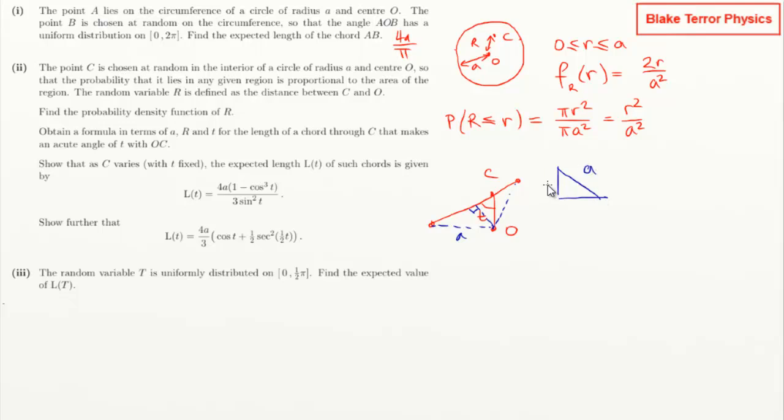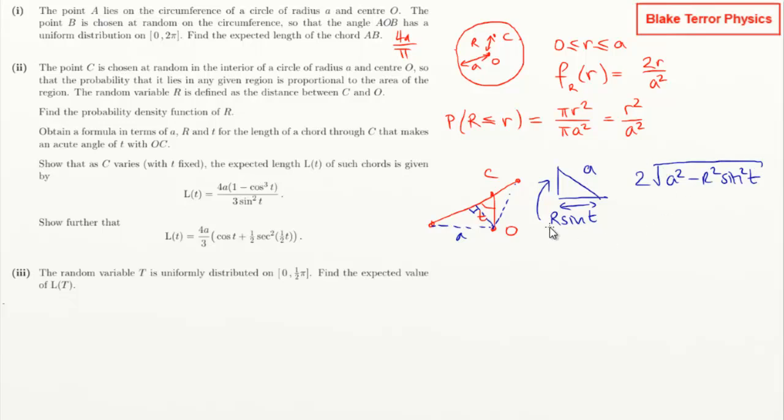We've got an A there, and then this side is going to be an R sine T in this case. And then we just need to work out this side using Pythagoras. So we're going to have two lots of the square root of a squared minus r squared sine squared t.